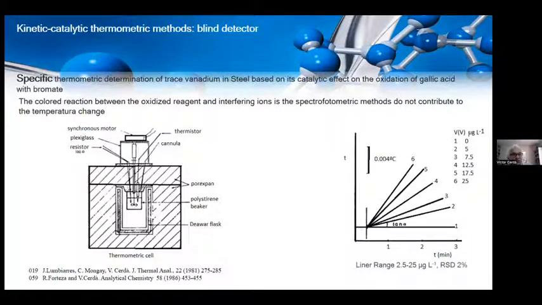Here, for example, you have an example using a specific thermometric determination of trace vanadium in steel, based on its catalytic effect on the oxidation of gallic acid with bromate.